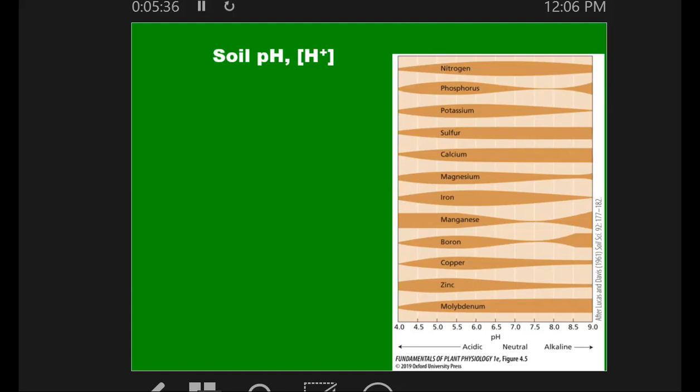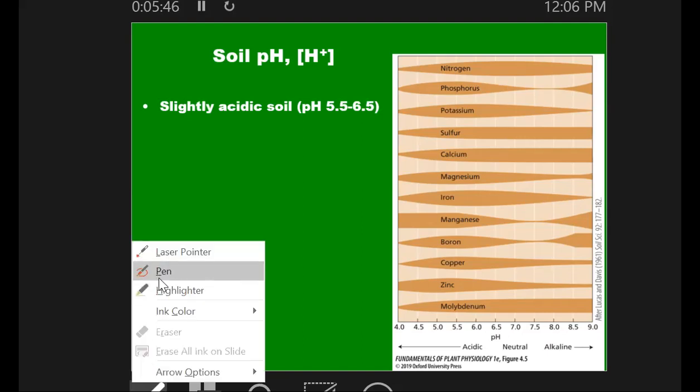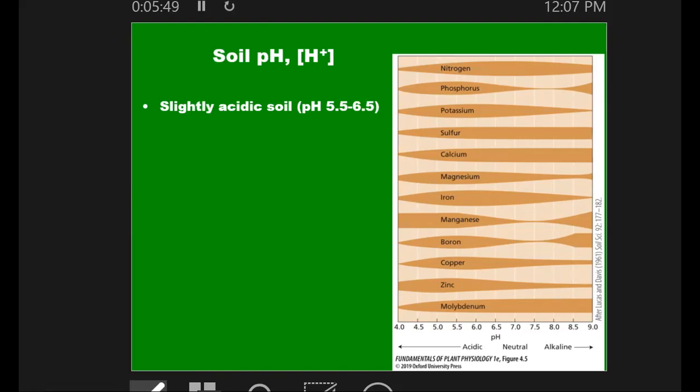I like this diagram. I think it's pretty nicely laid out here. If you look on the bottom, the x-axis is showing the pH. And if you look at the range of, if I can draw this without shaking too much, I just finished my coffee, pH 5.5 to 6.5, and follow that range up with all these different minerals, you can see how fat the lines are.